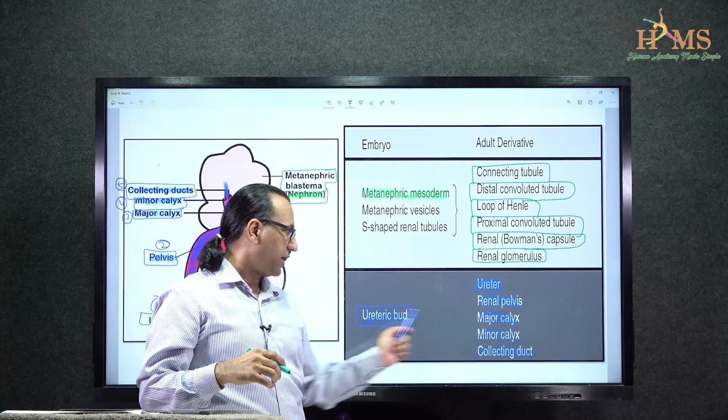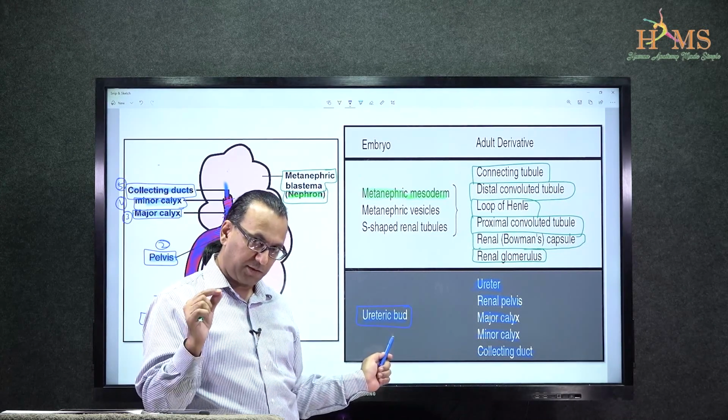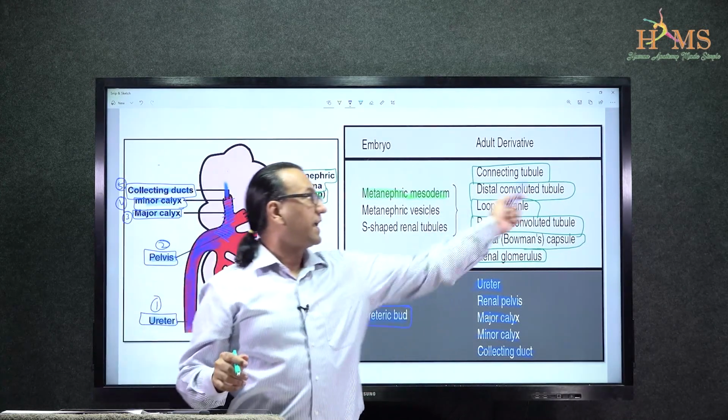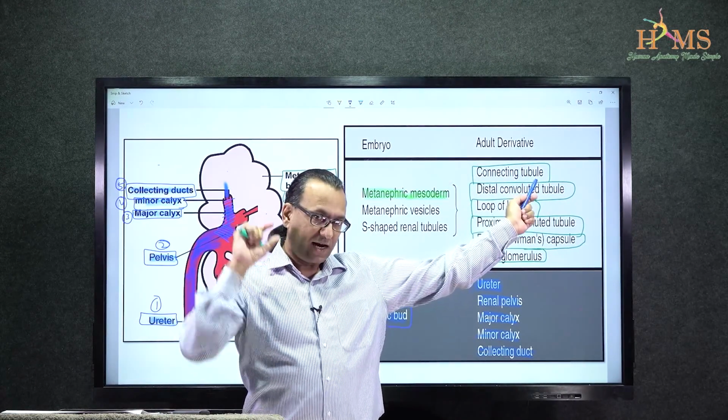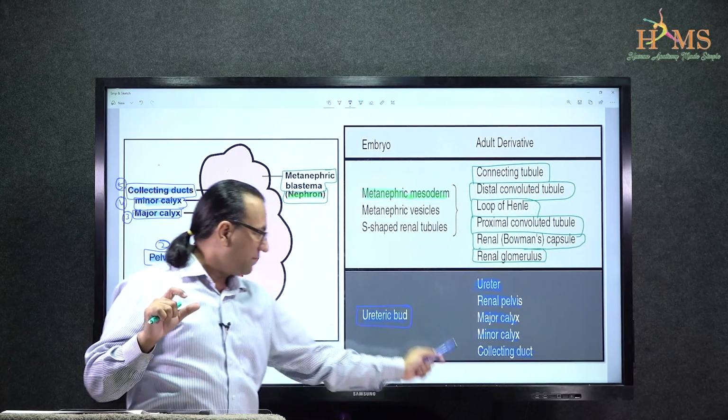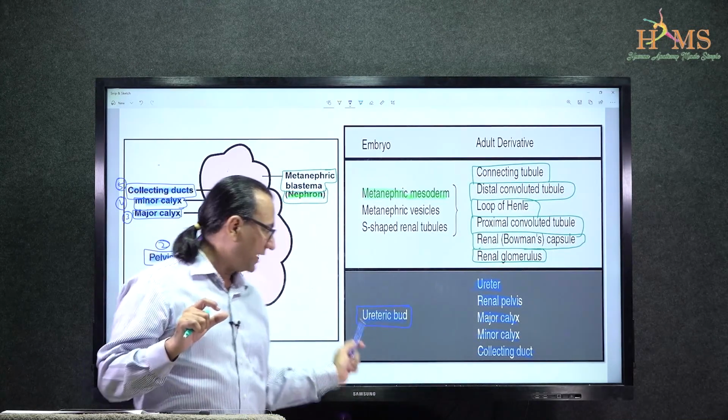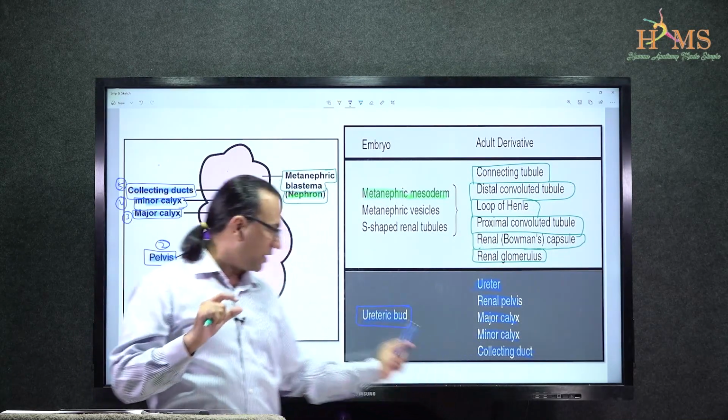Why I'm stressing upon here is because a question comes, they'll ask you about connecting tubule. Be careful, there is a connecting tubule and there's a collecting tubule. Collecting means it will be under the collecting system, the ureteric bud derivative.